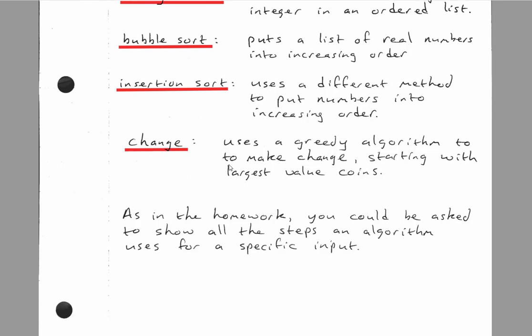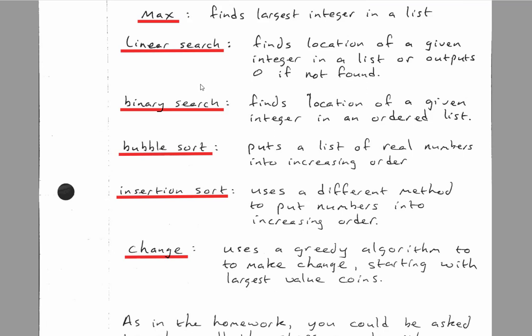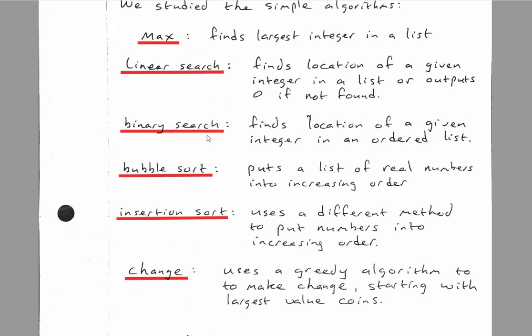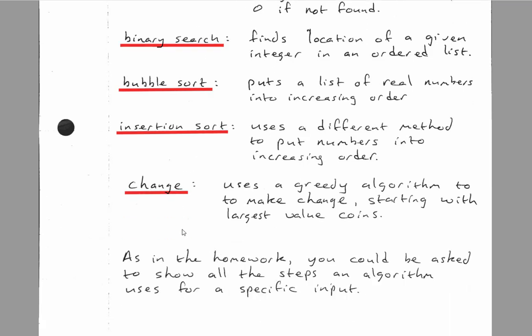And lastly, an example of a greedy algorithm: making change, starting with the largest value coins. All right, so these algorithms were all given in pseudocode, and a typical kind of question is, I'll give you a specific input, and then you describe how the algorithm works, how it produces its output.